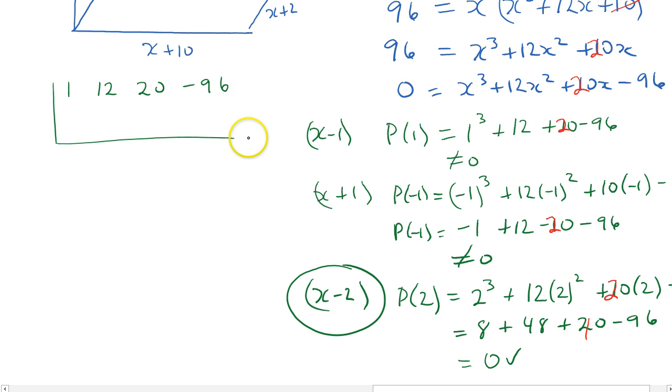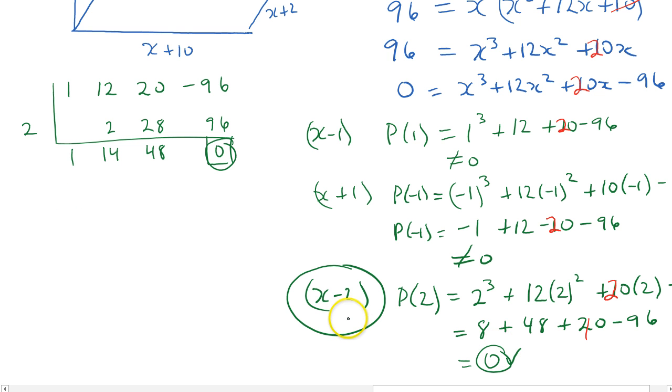We're going to use a value of 2, and we'll see what we get here. So 1 comes down, times 2 over here. 12 and 2 is 14, times 2 is 28. These two added together make 48. Doubled is 96, and it's kind of a neat check. Good, it's 0. This 0 matches this 0. I get a remainder of 0.